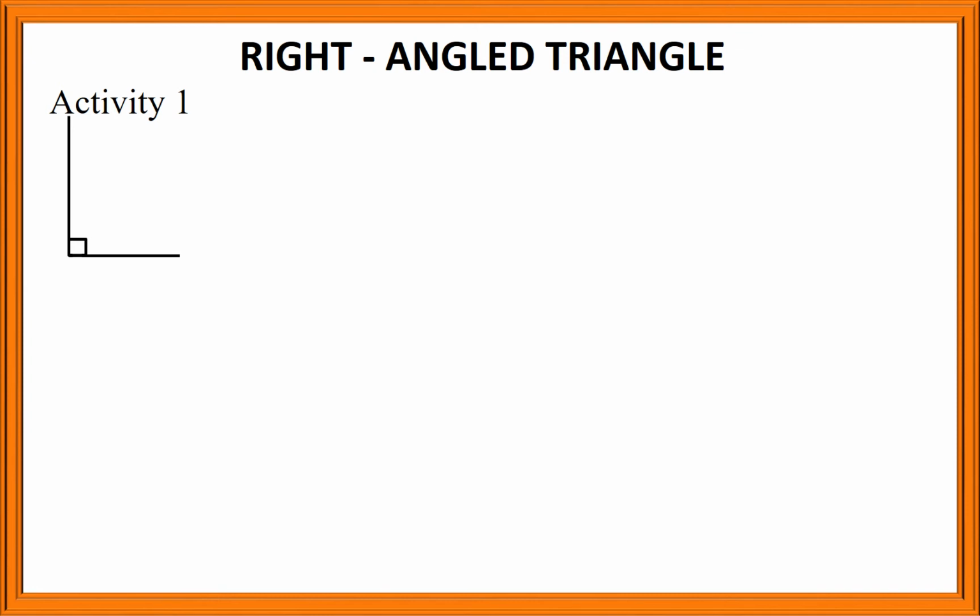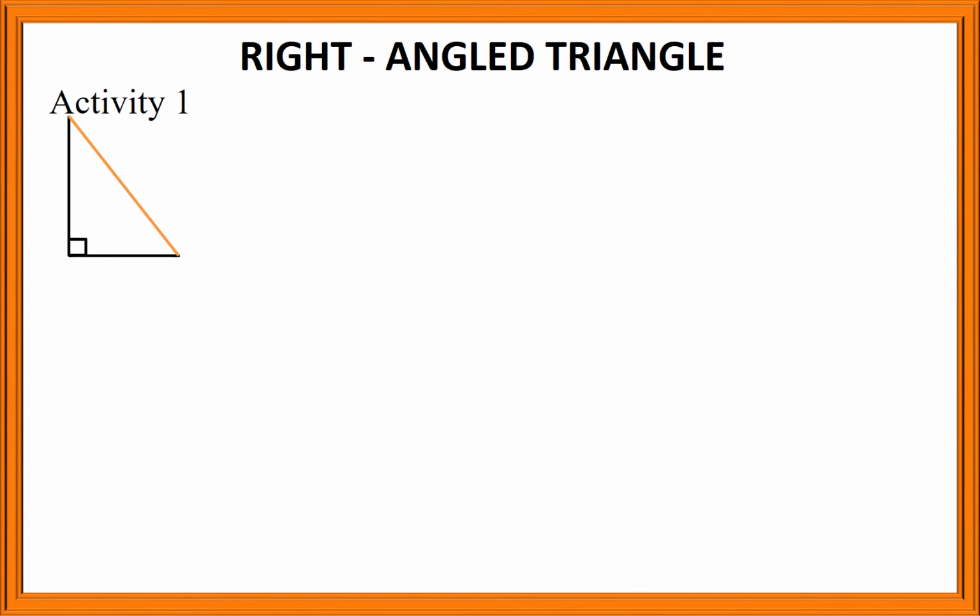Now let's join the ends of these lines together to get a closed figure. When we do that, this gives us a triangle, and specifically it is a right-angled triangle.